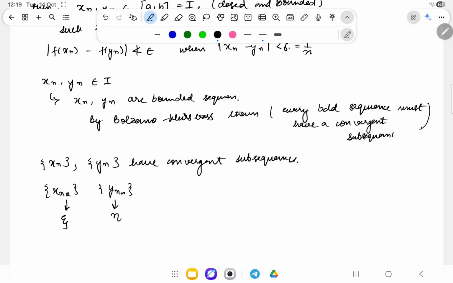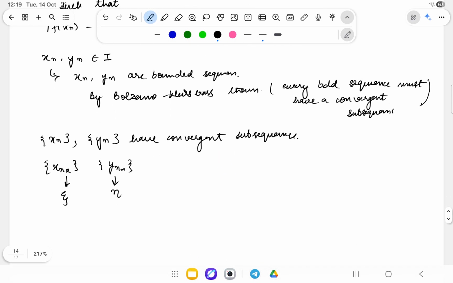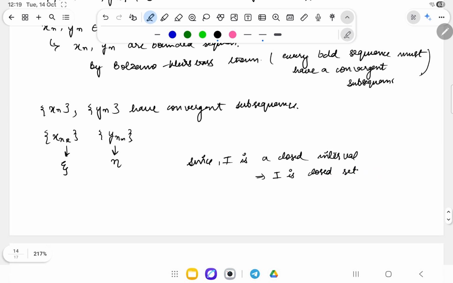Now since our interval I is a closed interval, that means that I is a closed set as well. So we know that the closed set contains all its limit points, and these are basically where the subsequences xnk and ynm are converging. These are basically limit points of sequences xn and yn.